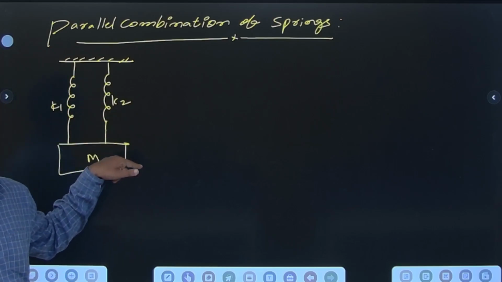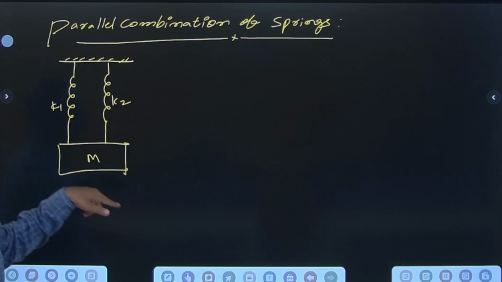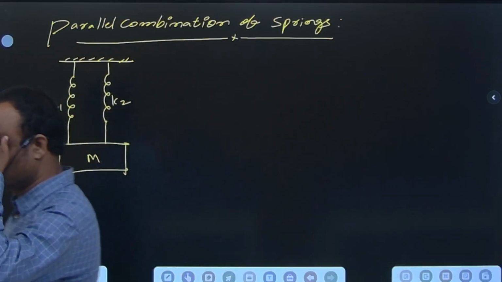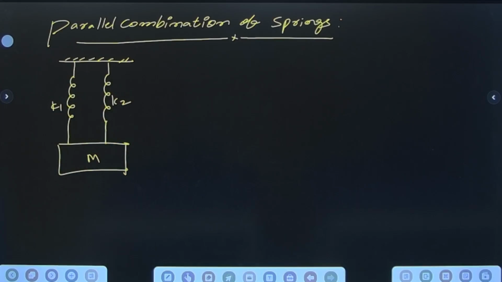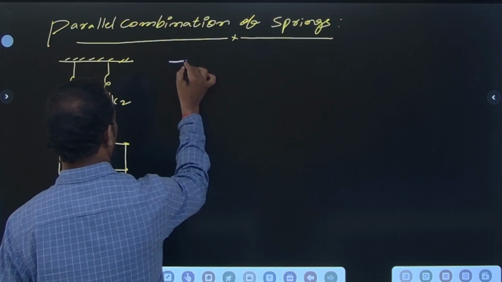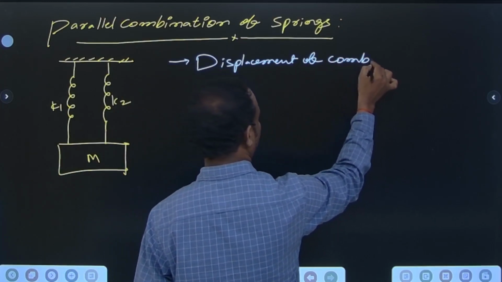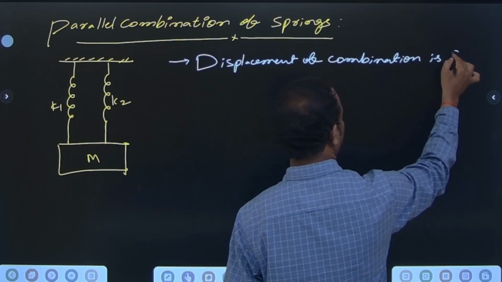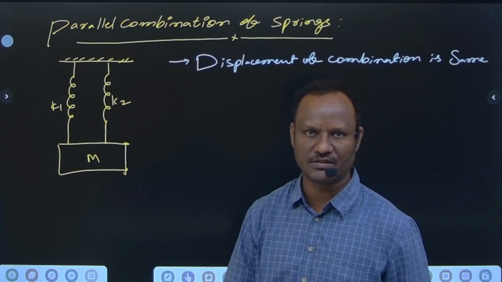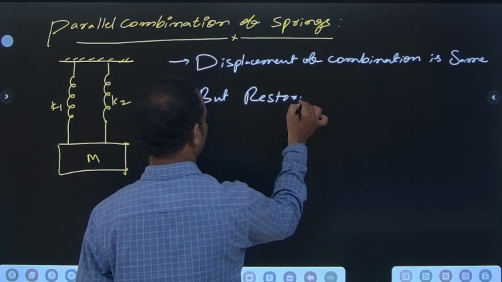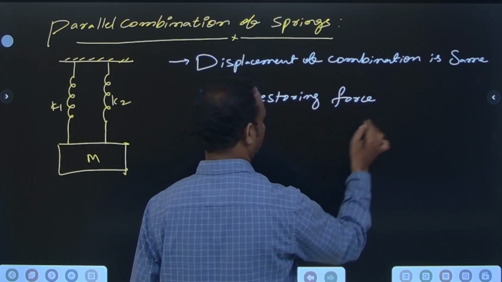Same elongation, but different spring force. The displacement of this combination is the same, but the restoring force differs. So the keywords are: displacement of the combination is the same, but the restoring force is different.